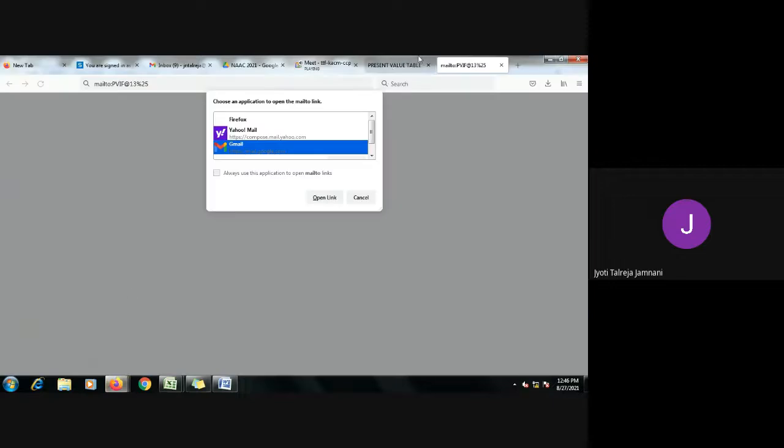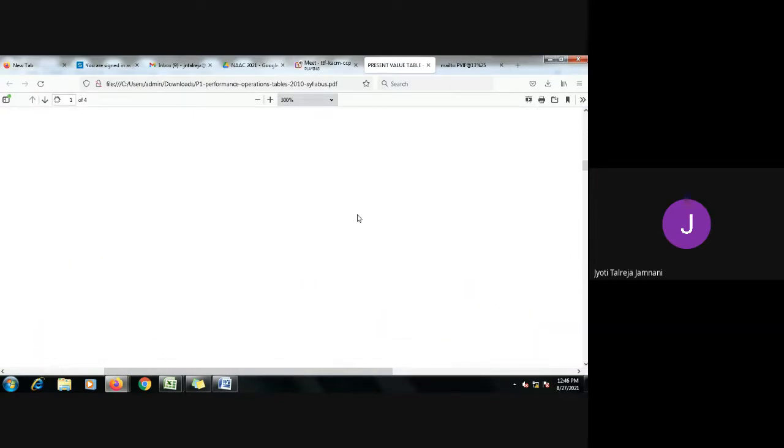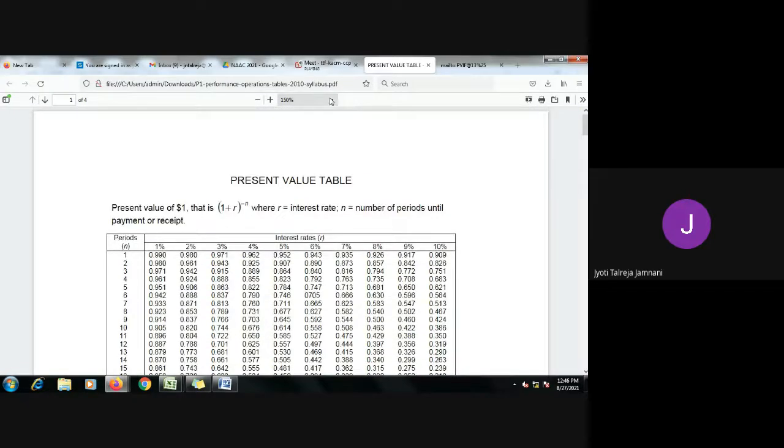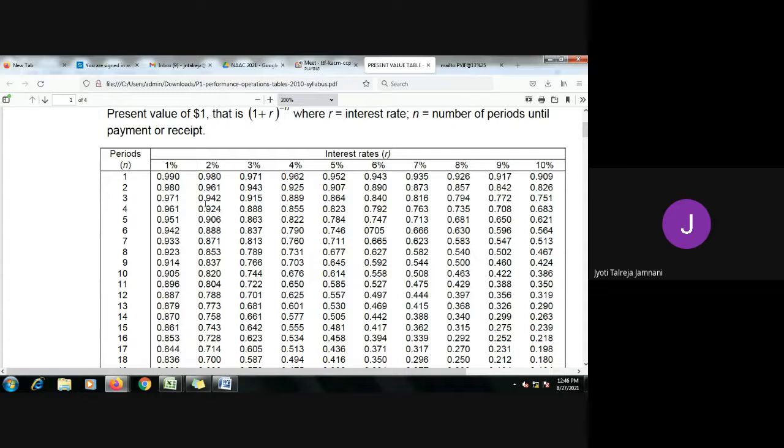And we see the normal table, not the annuity table. We're seeing the normal table now because this is not annual cash flow, but it is a normal cash flow. This is the normal table. Okay, and at 10%, I want to see the present value factors.